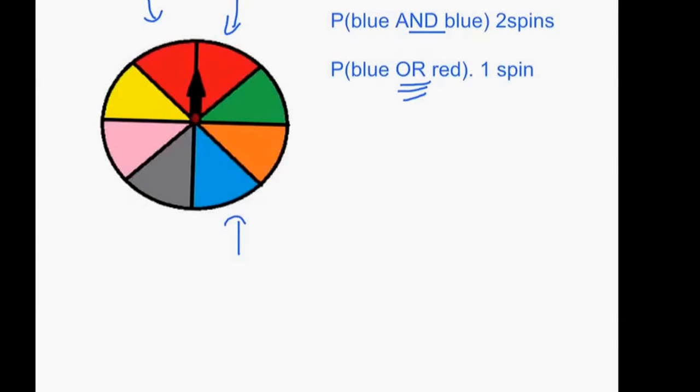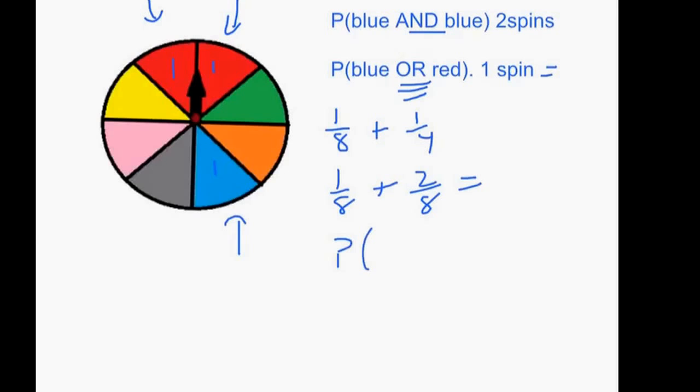It's one spin, there's 1 out of 8 that's blue, there's 2 out of 8 that are red, so you could say 1/8 plus 1/4, in other words 1/8 plus 2/8, therefore the probability of blue or red is going to equal 3/8.